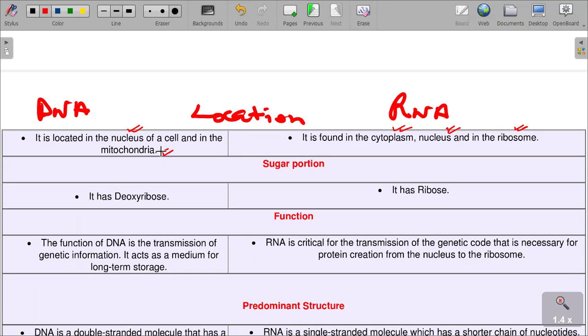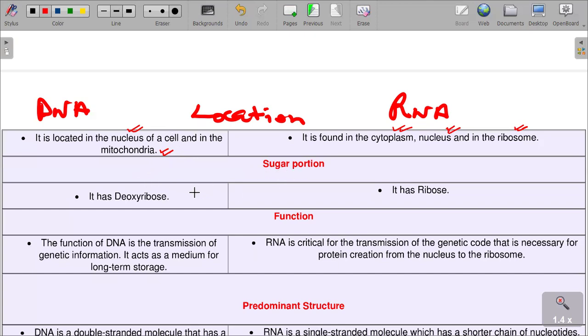Of course, you are going to look at mitochondrial DNA, which is functional for purposes such as tracing of ancestry relationship, which is one other thing that we can discuss as we go to evolution. But for now, just know that it is only found in two places, nucleus and mitochondria.